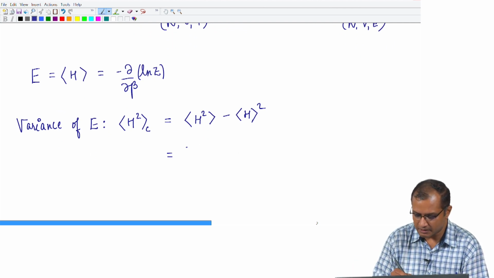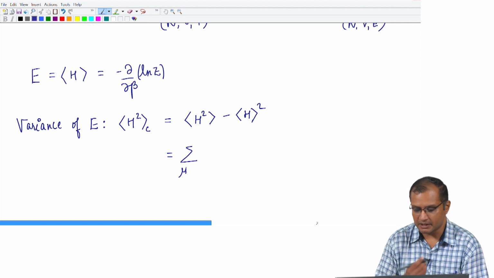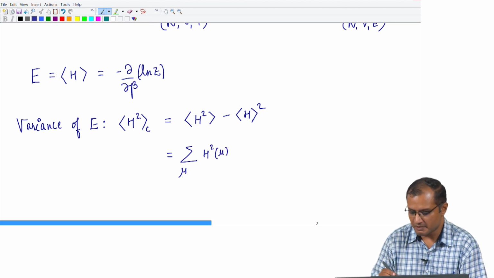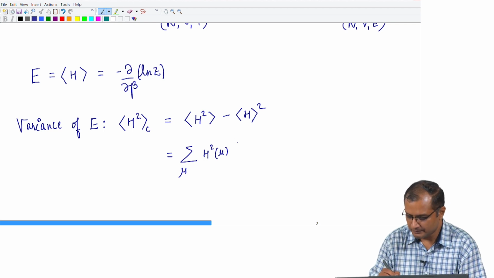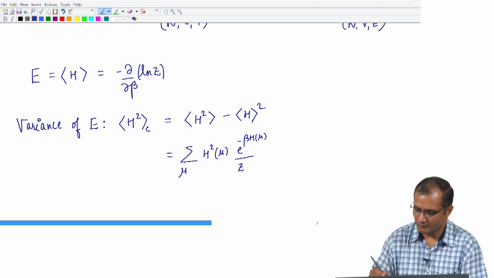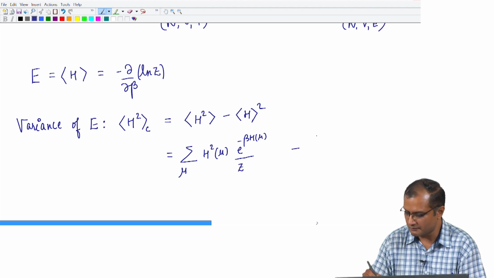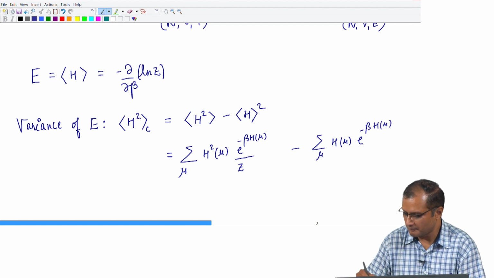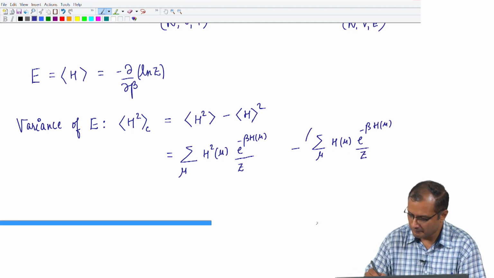Here, to compute the second moment, I will simply measure the average of the Hamiltonian square, and to compute the square of the first moment, I will simply take the first moment here and square the entire thing.